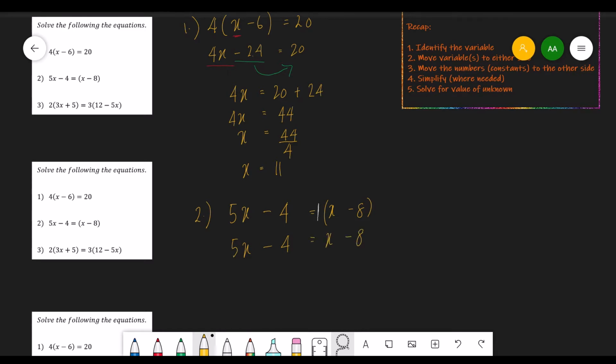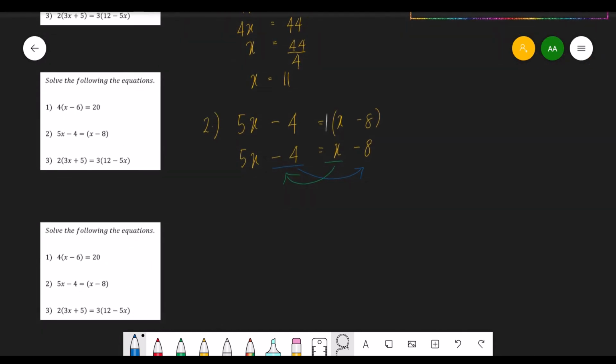It's just that. So what's next is we are going to shift all the algebraic terms to the left hand side. So I'm going to move x to this side, while my negative 4, I'm going to move it to the other side. What happens is 5x remains as 5x, it was there originally. Let's write negative 8, which was on the right hand side originally.